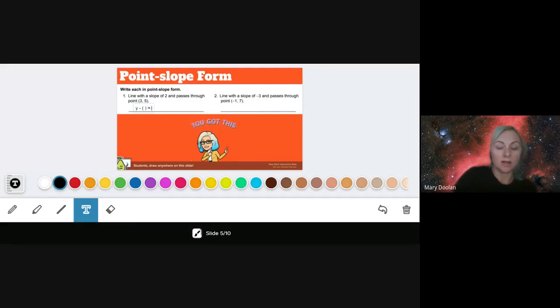Equals my slope, which is my m, times x minus a value here. So I kind of left it like this on purpose, just to show you the basic setup. I can't type y sub 1 or x sub 1, so I just left them as blanks in parentheses. And so I'm going to fill in the pieces that I have.